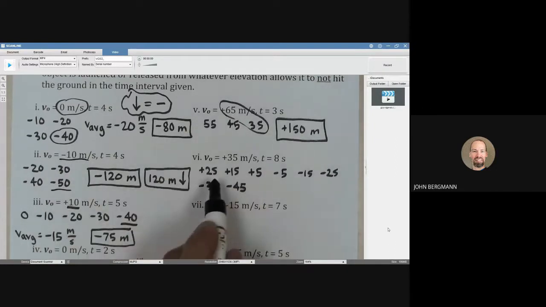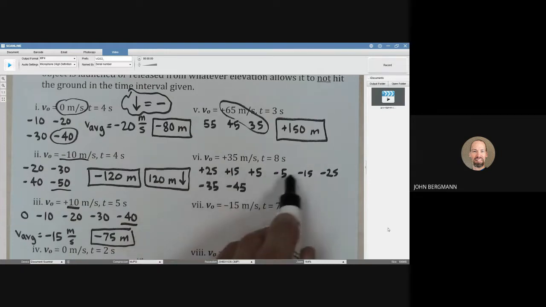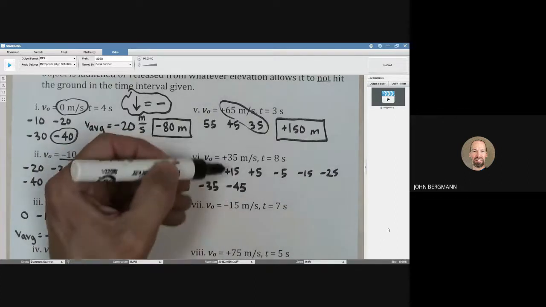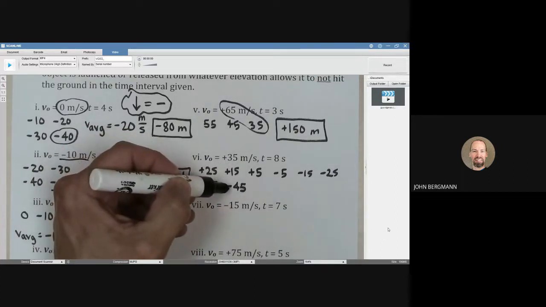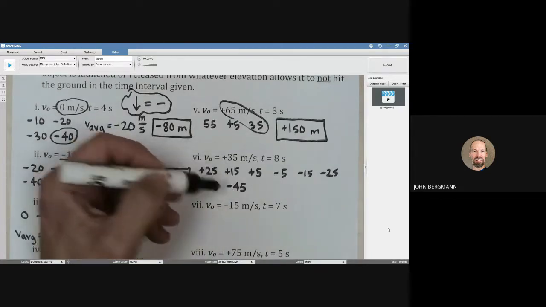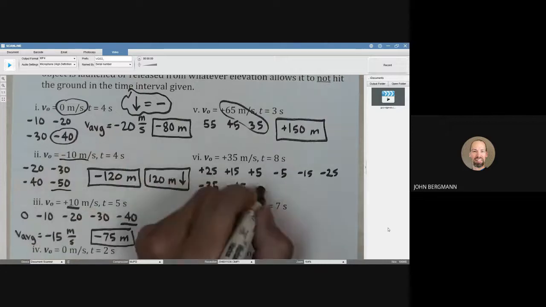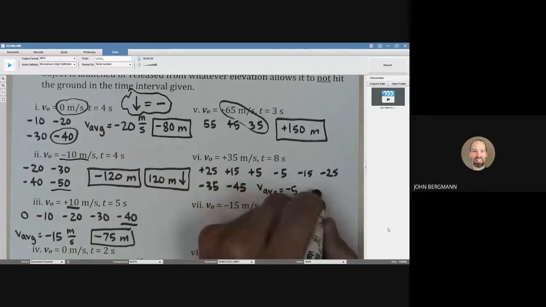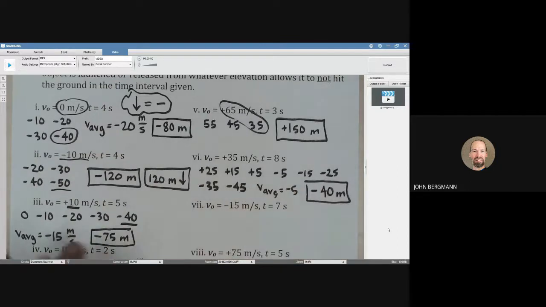Did I do that right? 1, 2, 3, 4, 5, 6, 7, 8. 8 seconds. Started at 35 up, ended up going 45 meters per second down. What's the average? Well, add those up. That's negative 10 divided by 2 is negative 5. The average, negative 5. How about negative 40 meters?